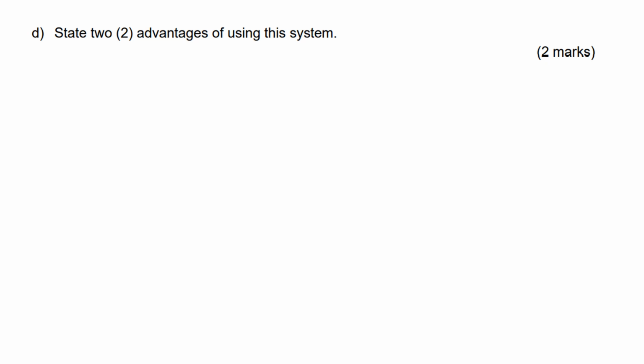Question D. State two advantages of using this system. This system refers to the previous question, which is, what is the advantage of using the binomial nomenclature created by Carolus Linnaeus. The question is worth 2 marks. For the first point, naming organisms using their scientific names will avoid confusion, as no two organisms can have the same scientific name.